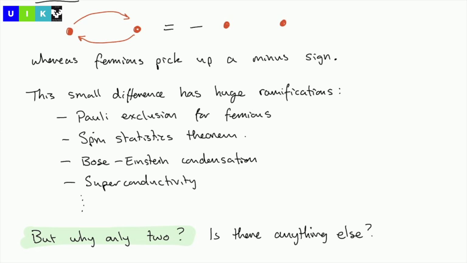We also have Bose-Einstein condensation for bosons, and as we heard about this morning, superconductivity for fermions. So the difference in this minus sign really does lead to a huge difference in the physics that we can see.